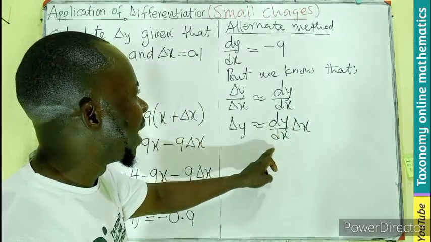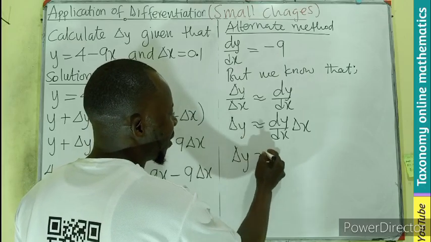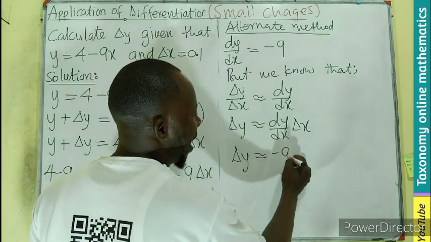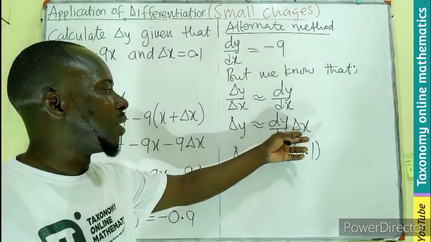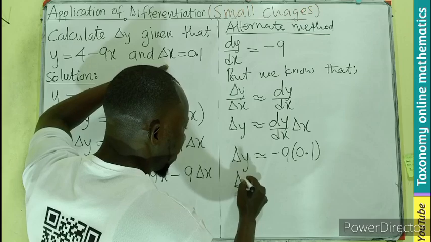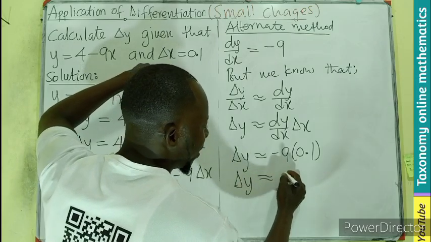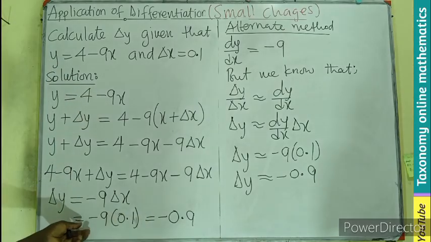And what is the dy dx? The dy dx is minus 9. So delta y is approximately minus 9 times 0.1, which is the same delta x we have here. So this is going to be approximately minus 0.9, just as we have here.